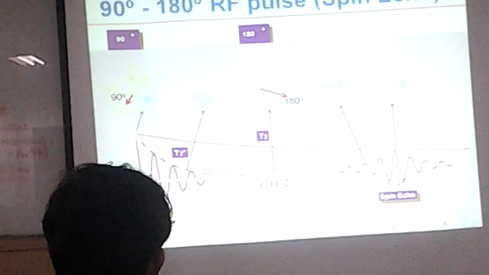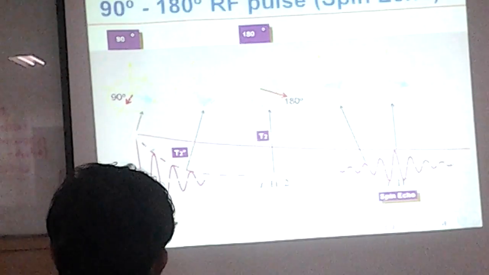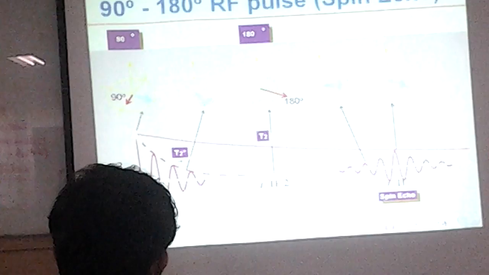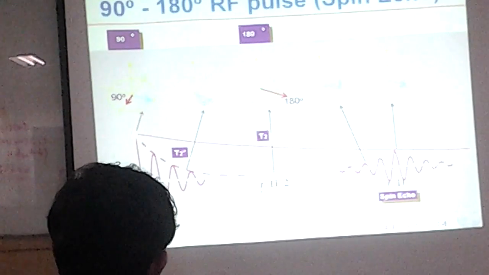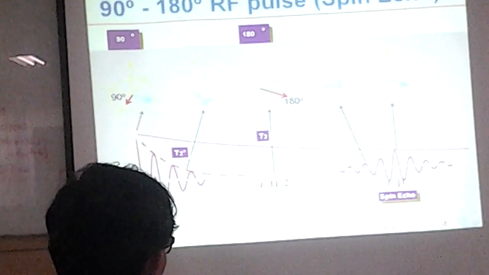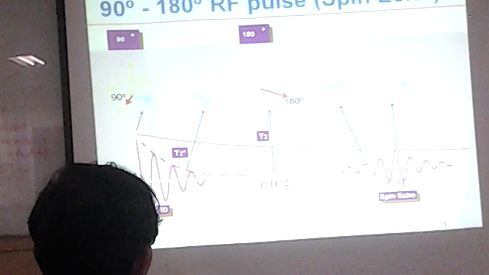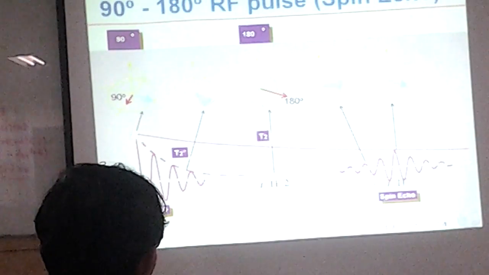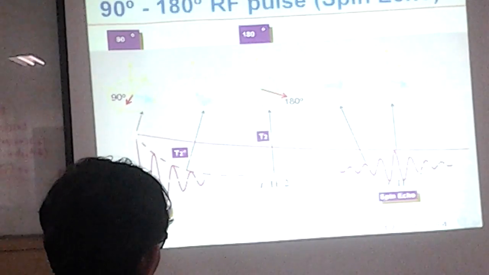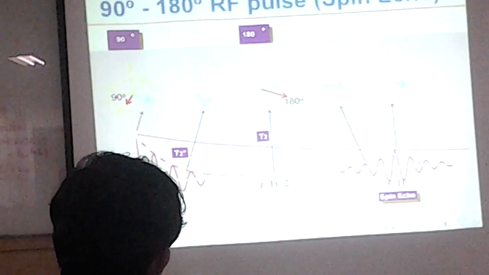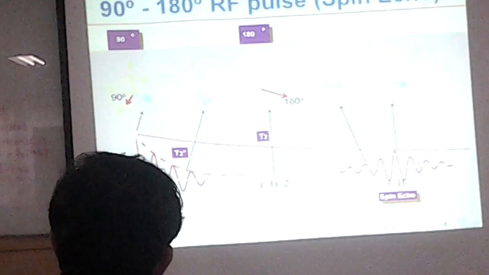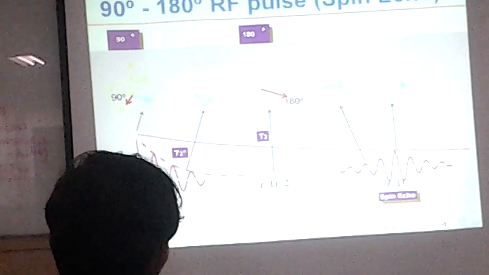Yeah, this is the typical pulse diagram. If we change the flip angle, we can also change the FID signal and the spin echo signal. It's a general method to generate the MRI signal, and it will be dealt with in chapter 7 or 8.